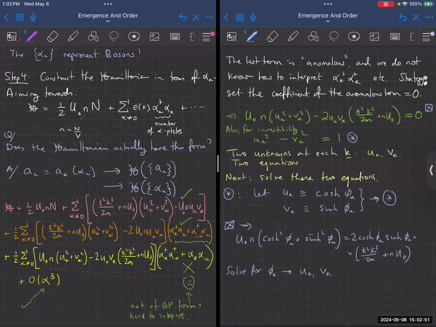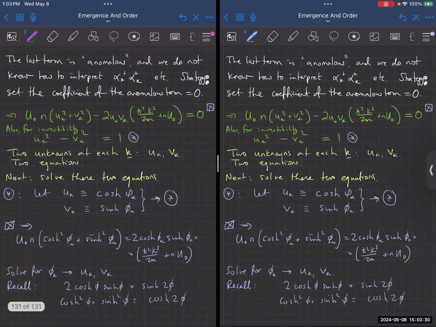So this equation looks a bit of a mess, and it is. So we use the following double angle formulae. Remember that 2 cosh phi sinh phi is equal to sinh 2 phi, and cosh squared phi plus sinh squared phi is equal to cosh 2 phi.